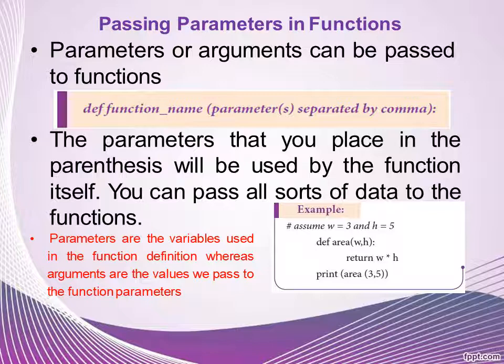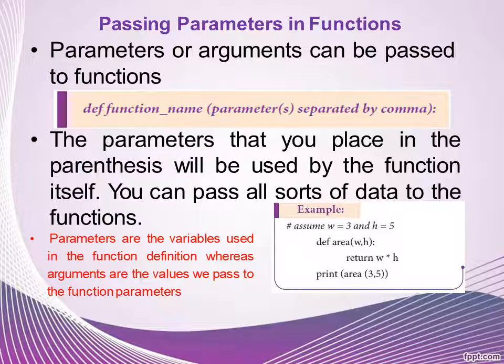So I am using return w star h. So w star h is an expression. Now you have understood, because the return statement takes an expression or none. Either we give the expression ourselves, or otherwise it is built in and picks up the condition above, as I said. So that is return w star h. The return w star h is going to get the value of the area of w comma h.